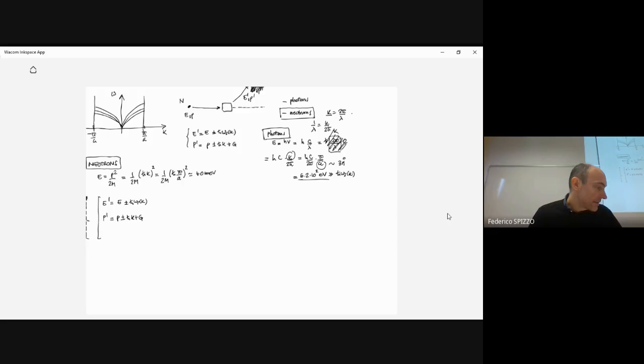So let's try to see which kind of information it is possible to extract from this kind of measurement. If we use this second equation, this tells us that P prime minus P is equal to plus or minus h bar (K plus G).